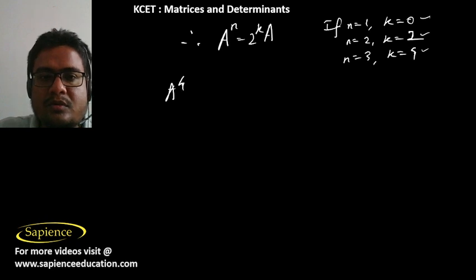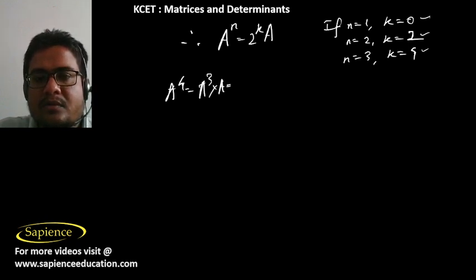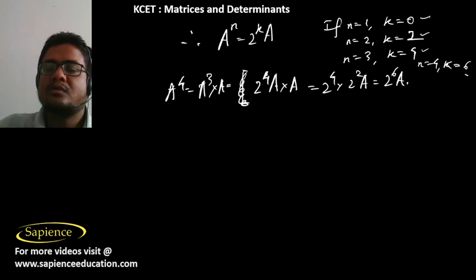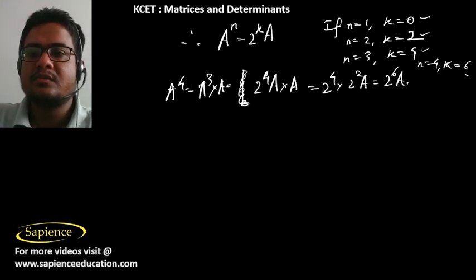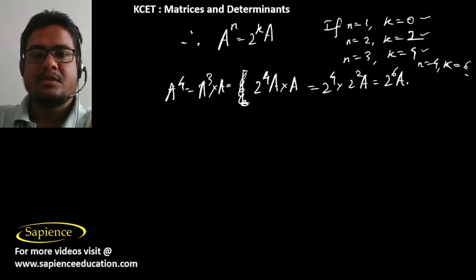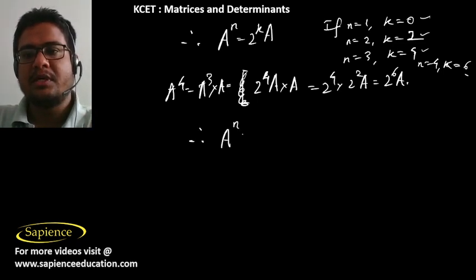Then A power 4 will be A cube into A again, which is 2 power 4 A into A again. This is 2 power 4 into A square, and A square is again 2 power 2 A, so it is equal to 2 power 6 into A. It means when n is equal to 4, then k is equal to 6. It means that we are getting only the even numbers.